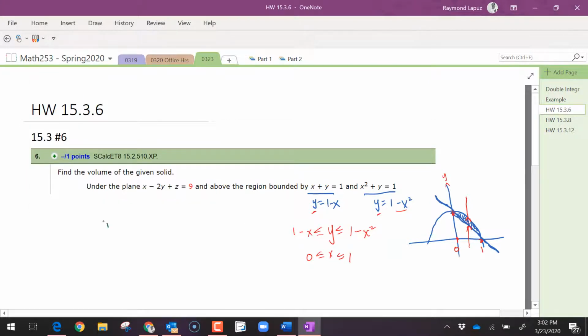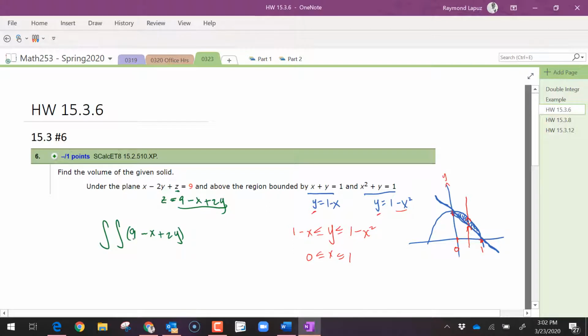So then our integral will become, I need to solve for z here, by the way. So z is equal to 9 minus x plus 2y. And so that's what we're going to put in here. 9 minus x plus 2y is your integrand.